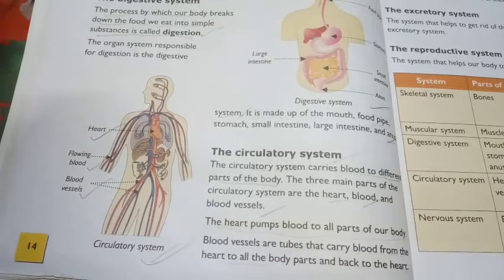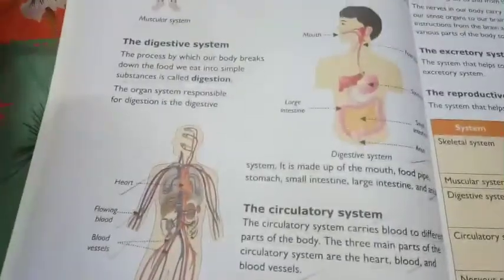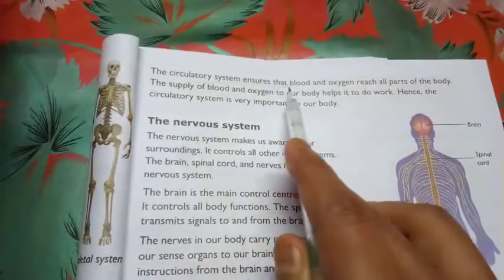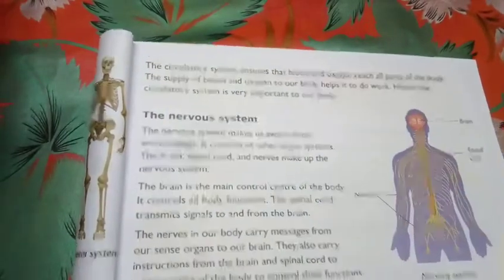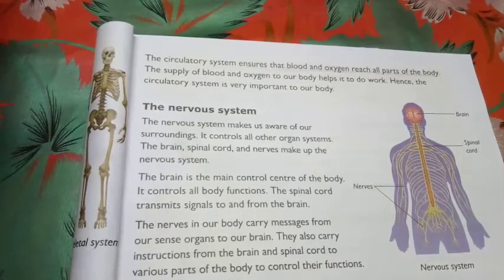There are so many things which you have to learn, that we can discuss in higher class. The circulatory system ensures that blood and oxygen reach all the parts of the body. So, who ensures that blood and oxygen reach all parts of the body? It is our circulatory system.